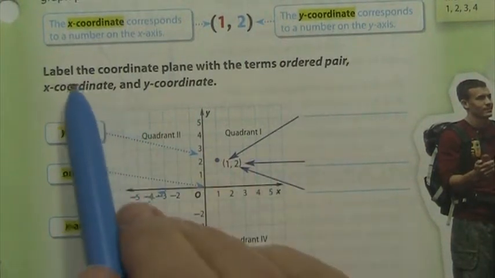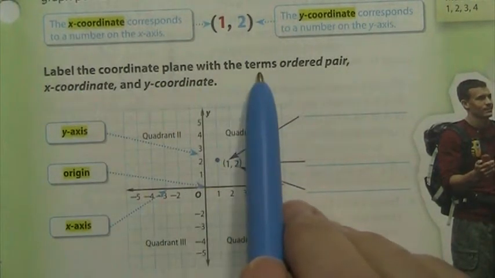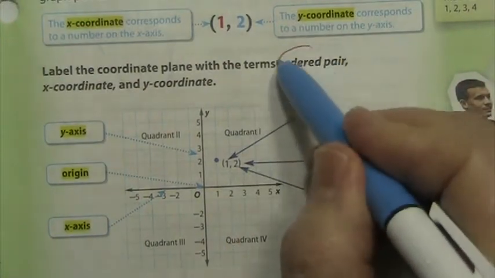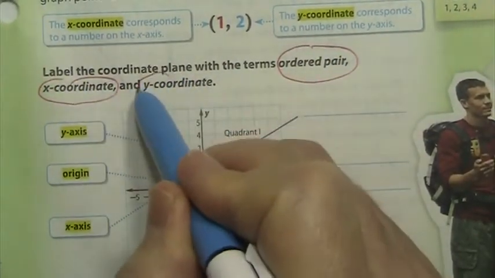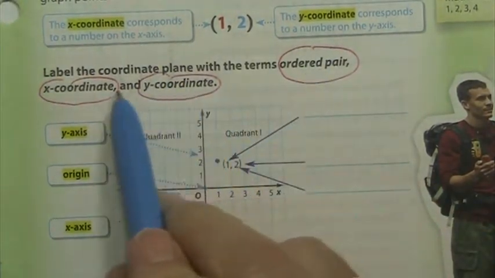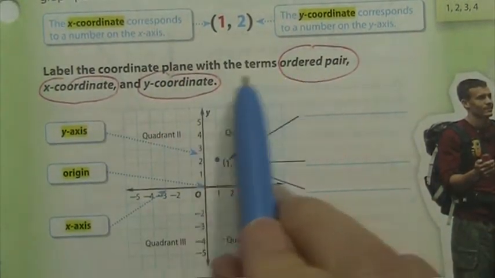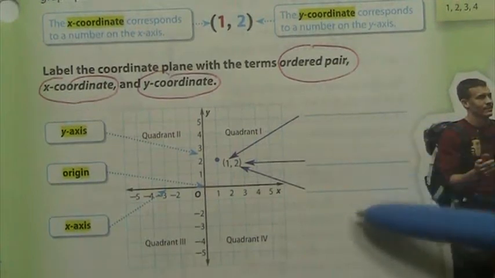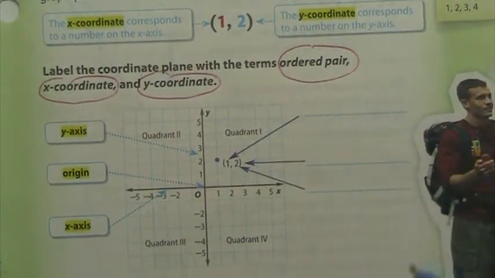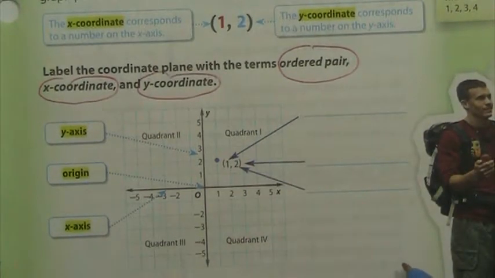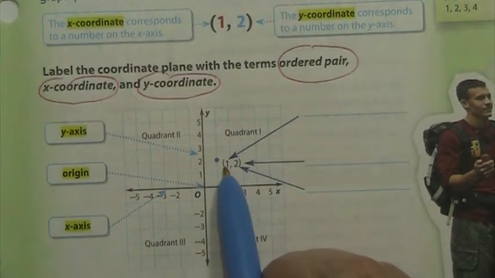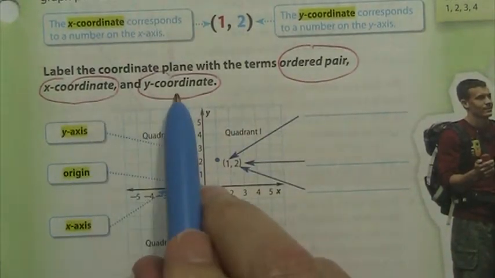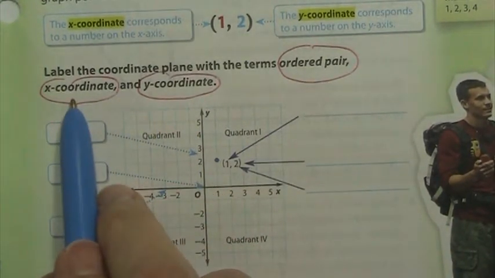All right, so it says here, label the coordinate plane with the terms ordered pair, x-coordinate, and y-coordinate. Those three words go on these three lines. All right, so let's see, what is the 1 called? That 1 right there. Is that the ordered pair, x-coordinate, or y-coordinate? It's the x-coordinate.